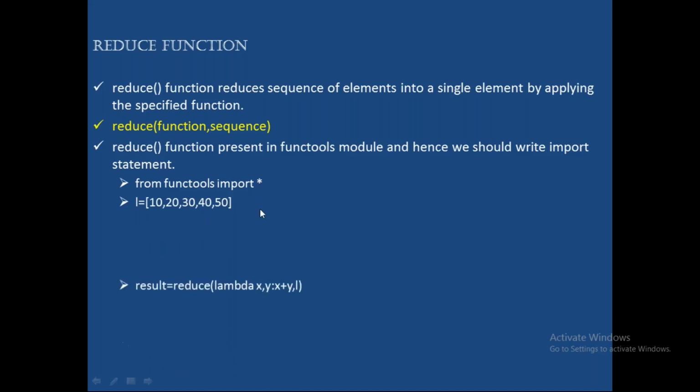This is the list. In this list, I want to sum up all those values. For that, from this L, at a time I'm passing 2 values. X value is 10, Y value is 20. When I say X plus Y, what is the output? 30. 30 I assign to X again.